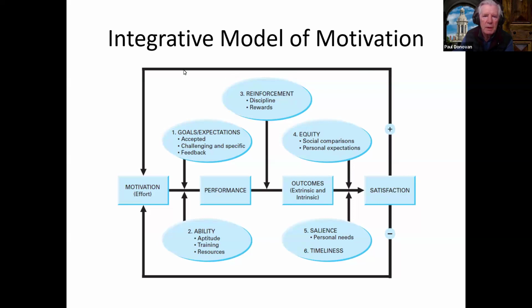The goals and expectations that occur between motivation and performance, that's Locke's theory. It's called Locke's theory of motivation. It's also called Locke's goal setting theory. The goals and expectations are really what managers use when they're trying to get people to answer the first question in a positive response.